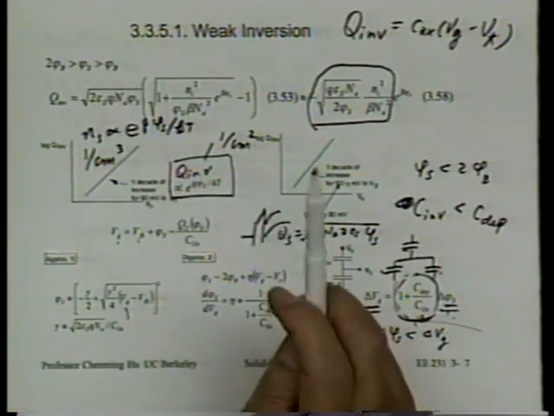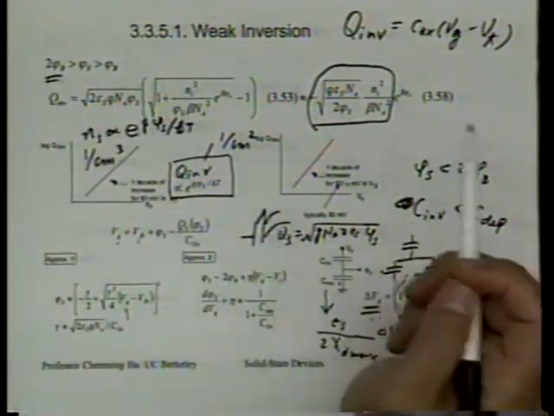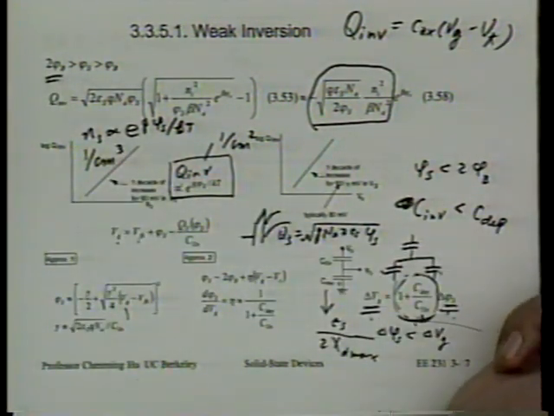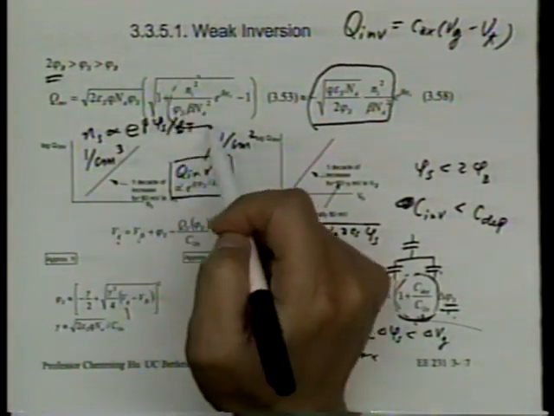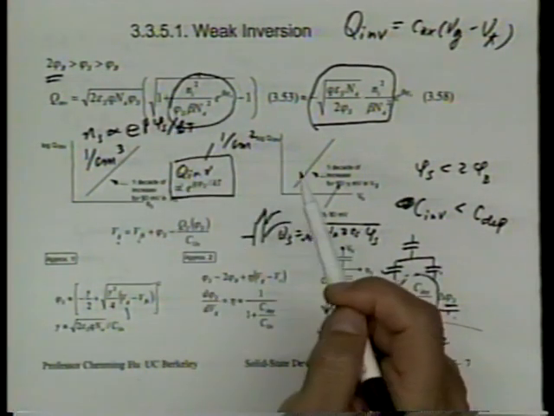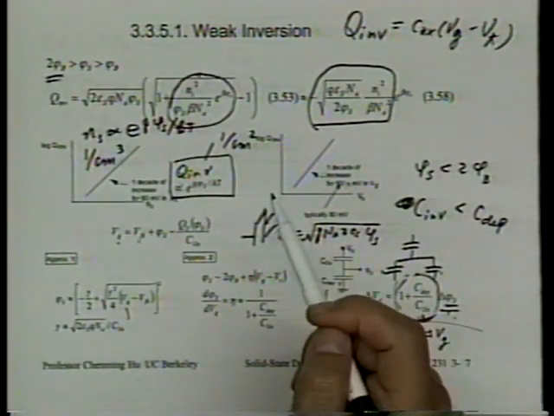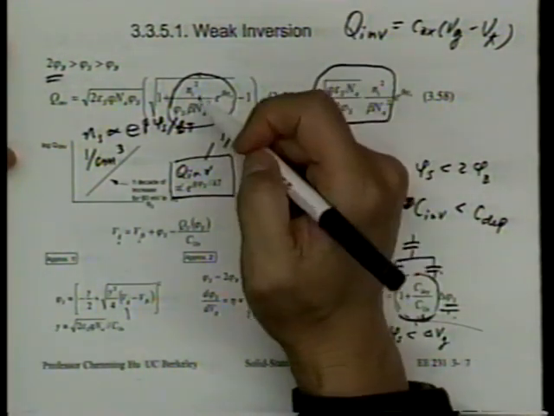Why don't we verify that, all right? We're talking about there's an upper limit of phi s. That's the only reason we can make this approximation, as you can see. So let's see whether this component, what I circled, is much larger than 1 or much smaller than 1. It's not easy, of course. So let's see what we are comparing.